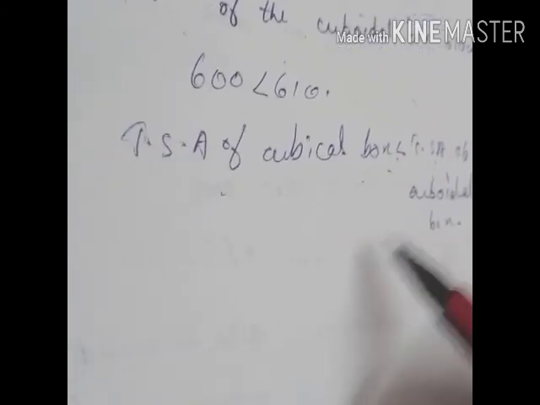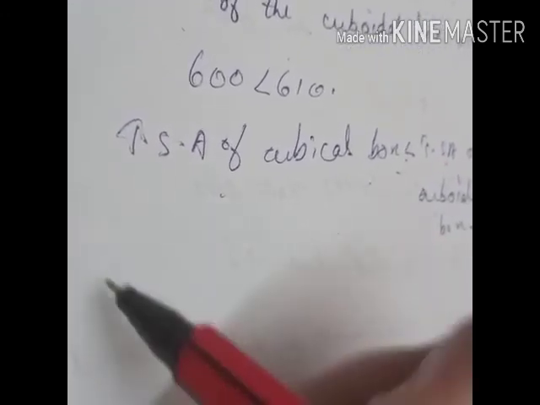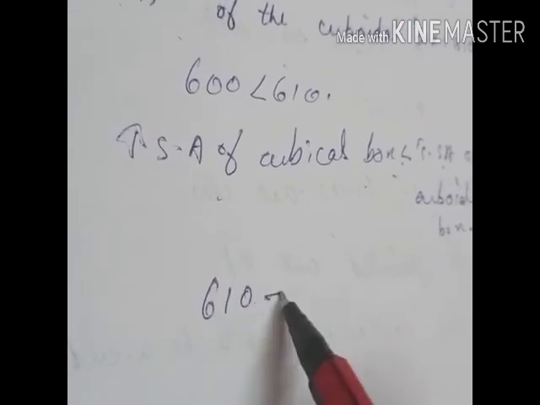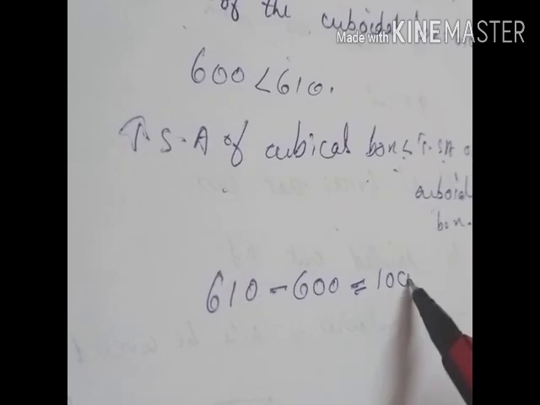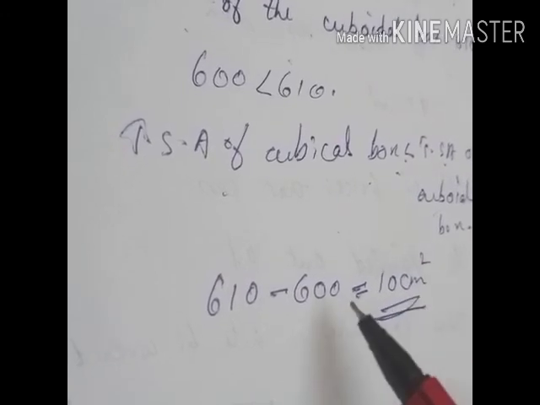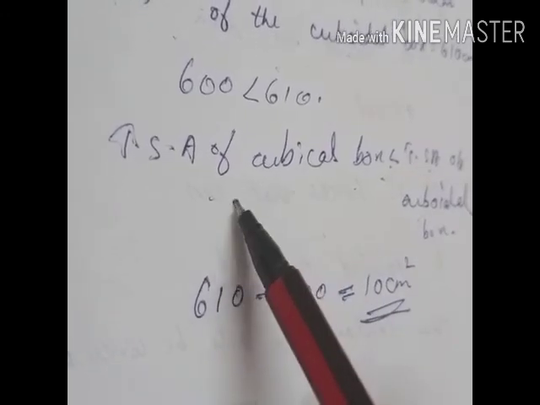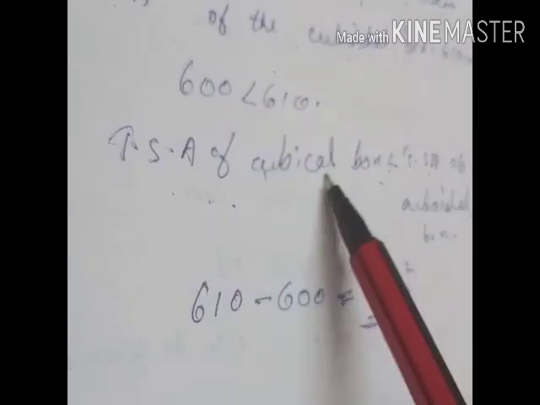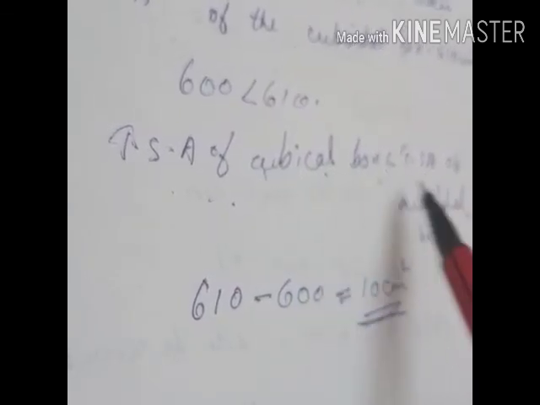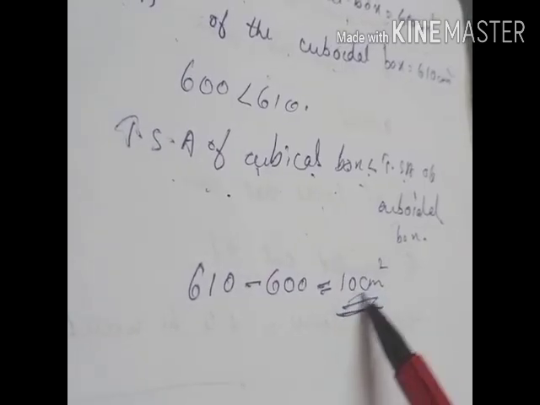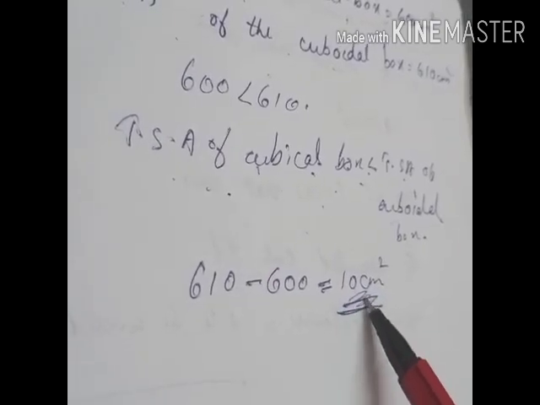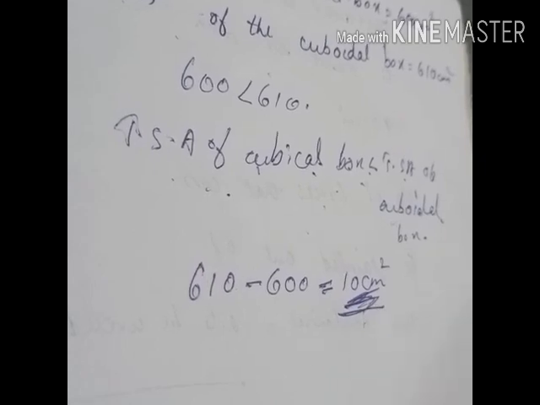Then we also have to find by how much. For that we can find the difference. So 610 minus 600 equals 10 centimeter square. So we can conclude that TSA of the cubical box is smaller than TSA of the cuboidal box by 10 centimeter square.